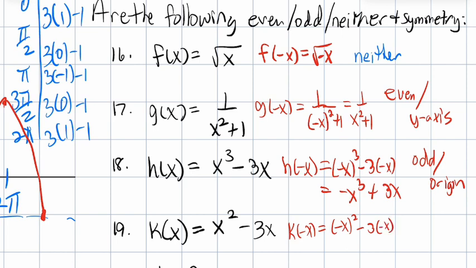No, I'm sorry, gosh. The first piece becomes a positive, or remains a positive. The second piece becomes a positive. So if we compare that back to the original, this piece here is the same as it started, but this piece is the opposite of what it started, and it either has to be one or the other. It can't be a combo of those things. So this is a neither as well.